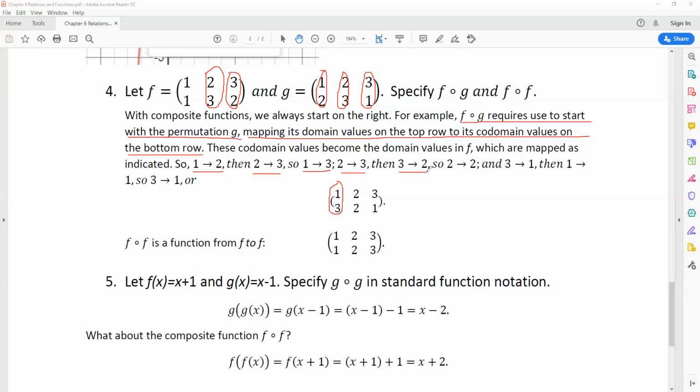So the overall composite function f of g takes 2 back to 2. And likewise, 3 maps to 1 in g, and then f takes 1 to 1, so in this case, 3 maps to 1. And again, this is the way we would write it in table notation. That would be our final answer.